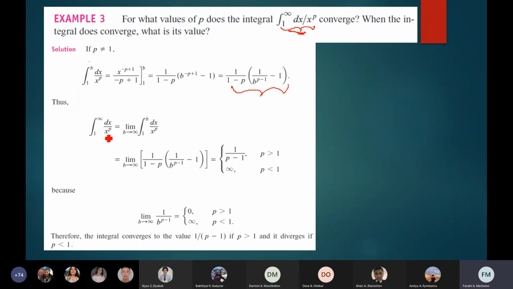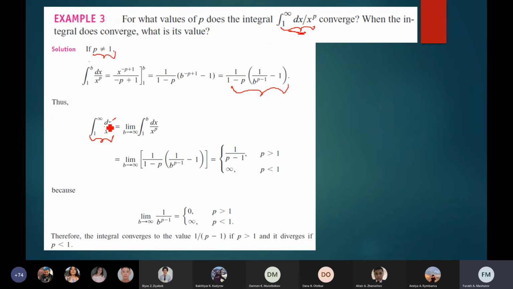And what we do next is find the integral of this one from 1 up to infinity. Note that here we define that p is not equal to 1. Later we will consider the case of p equal to 1.